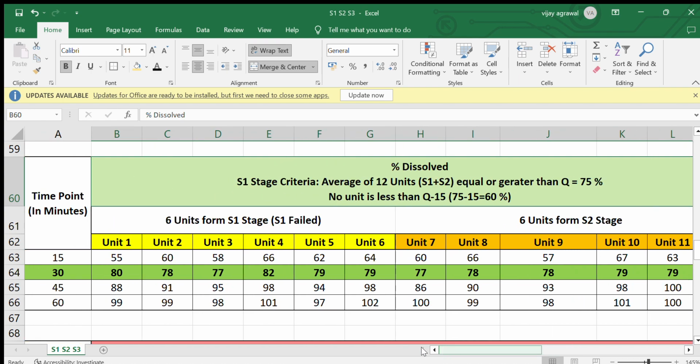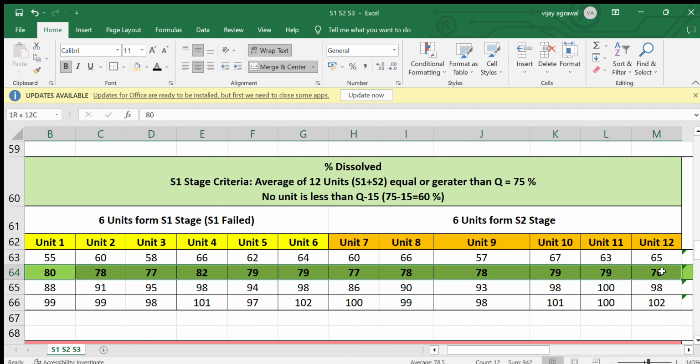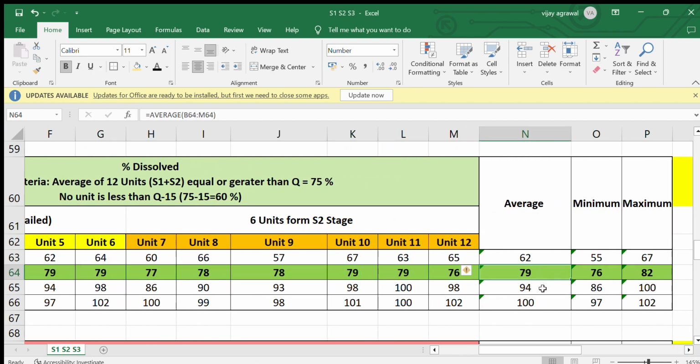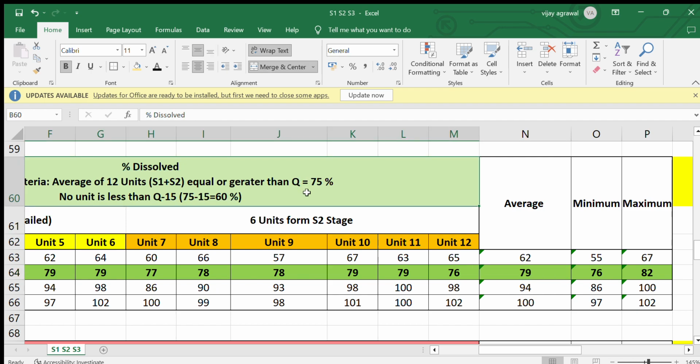So here you can see there is no unit which is less than 60%. All the units are above 60%, and the average is 79%, that is above the Q of 75%. That's why this formulation passes at S2 stage.